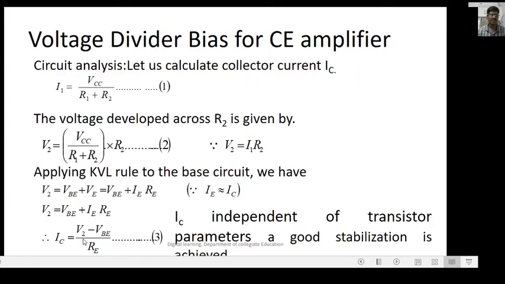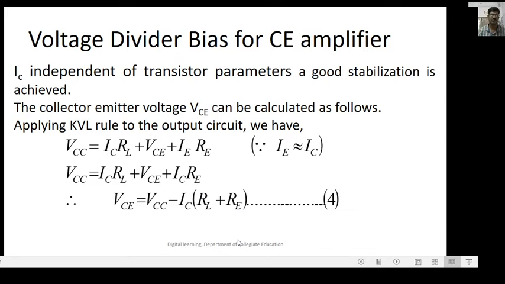Therefore IC is equal to V2 minus VBE divided by RE, the emitter resistance. So IC is independent of transistor parameters and good stabilization is achieved. Voltage divider bias for CE amplifier.